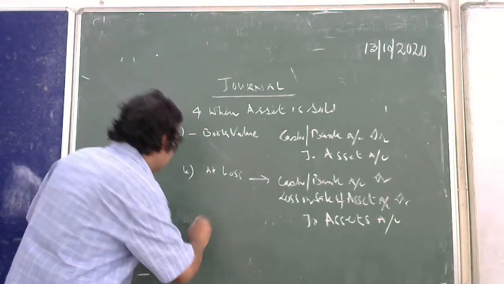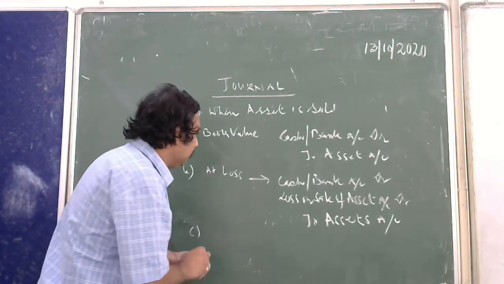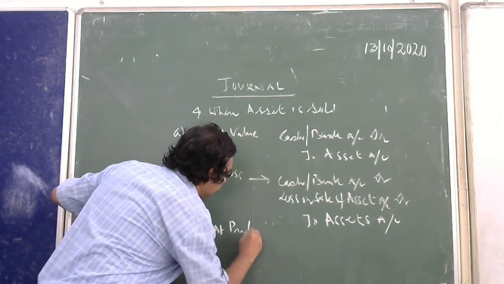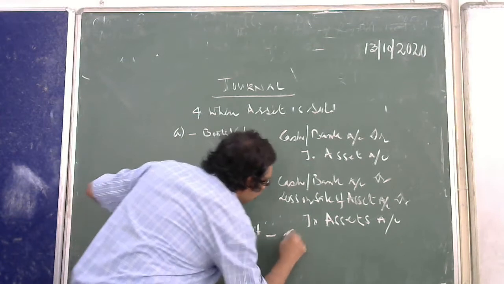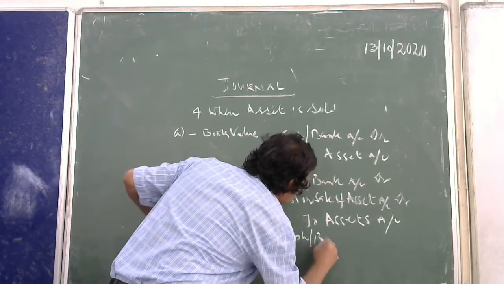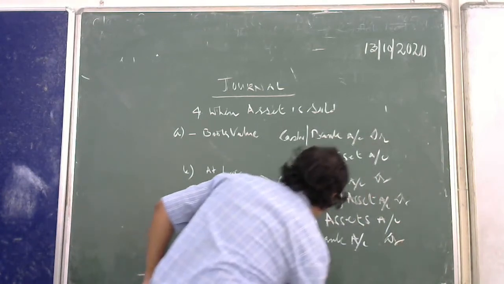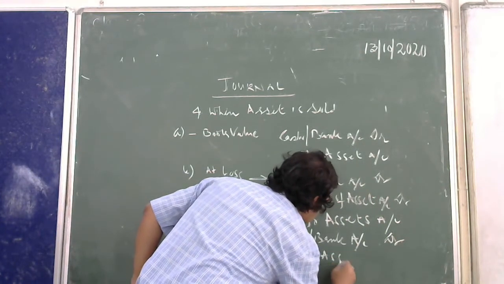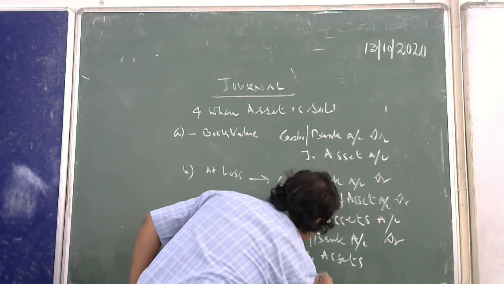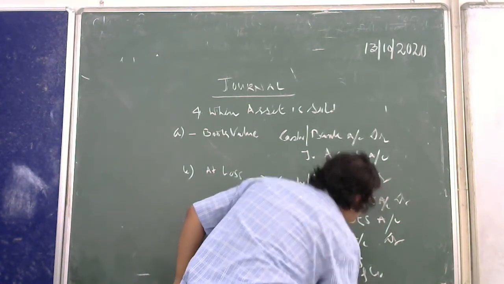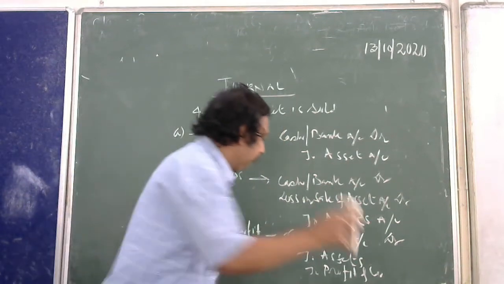Okay, and see if it is sold at a profit. If it is sold at a profit, then the entry will be cash/bank account debit to assets, to profit and loss, profit on sale of assets.